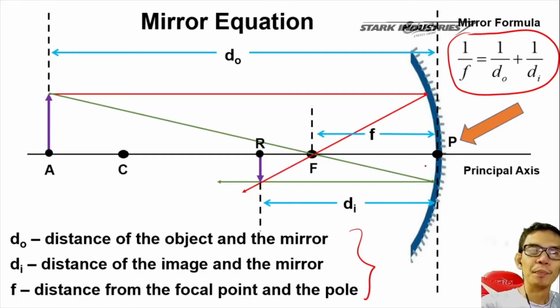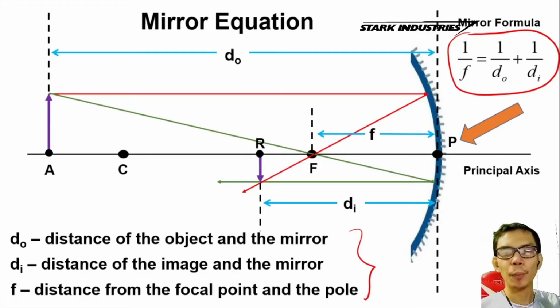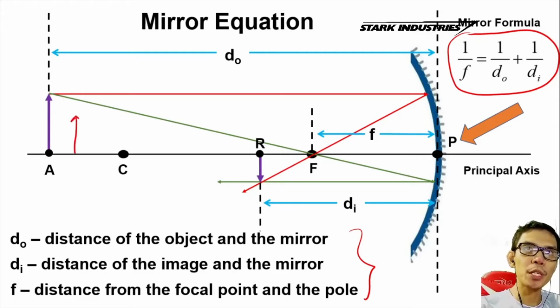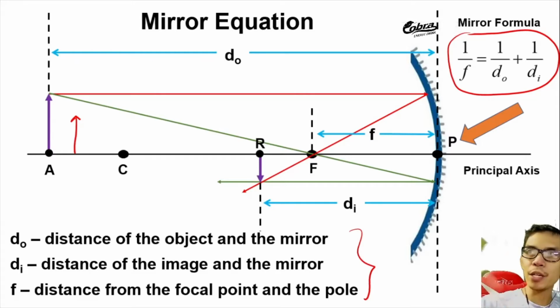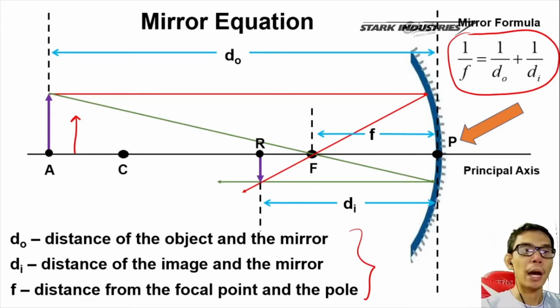So with that, the question is, if we change the position of the object right here, is it possible for the formula to change as well? And if we change the mirror to a convex mirror, is it possible for the formula to change?